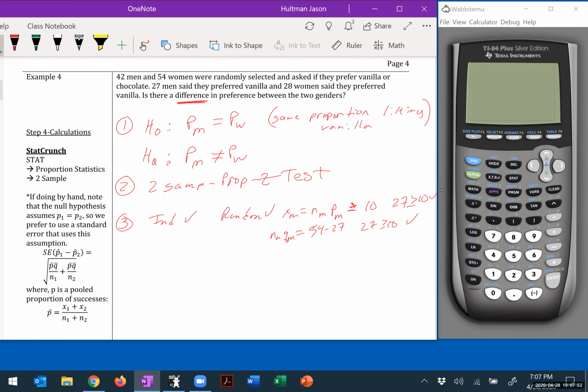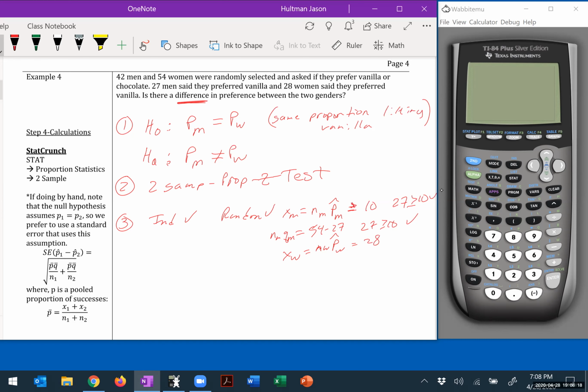What about the x women? The x women, which is the n women times the p hat of the women, was equal to 28 out of 54, right?